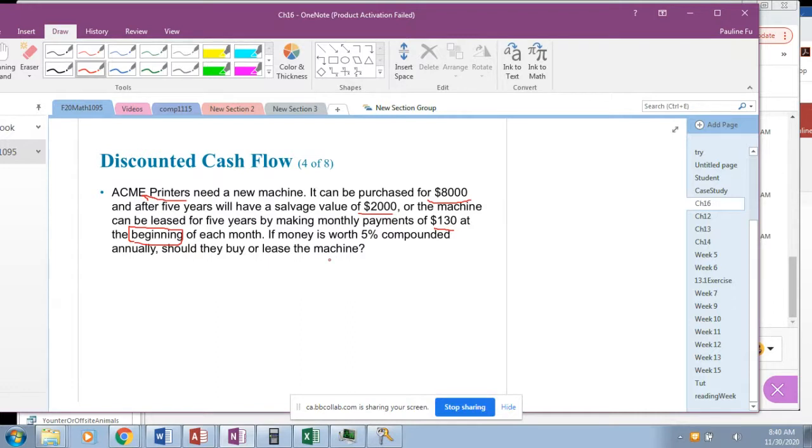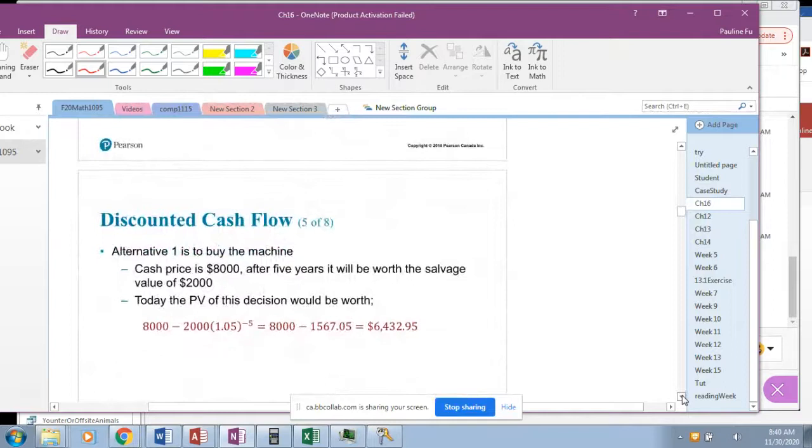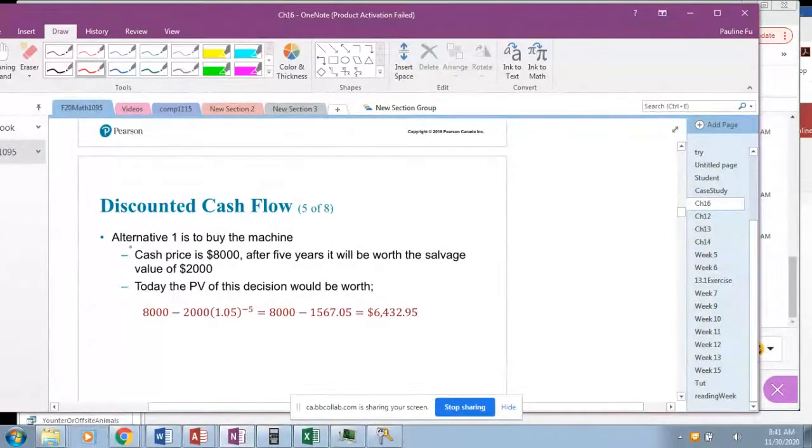So how do we approach this question? Again, we follow the same principle: discounted cash flow. There are two alternatives. Alternative one is to buy the machine. When you buy the machine, you have to pay $8,000 up front. After 5 years, this machine is worth $2,000.